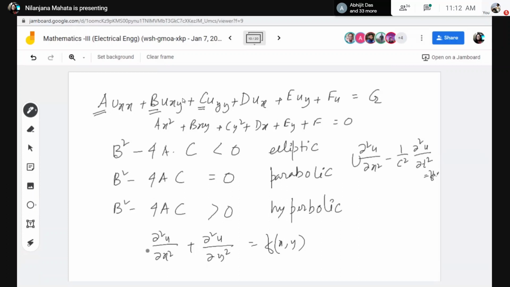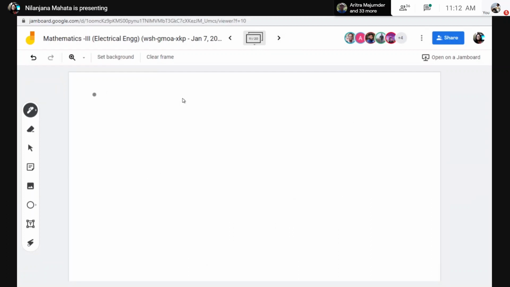Your coefficient is 1 here. That is your A is 1. Your C is 1. B is 0. So 0 minus 4, definitely negative. So this is elliptic. So you can classify the second order equation. I am giving you another example.